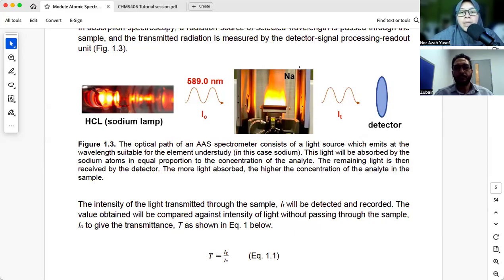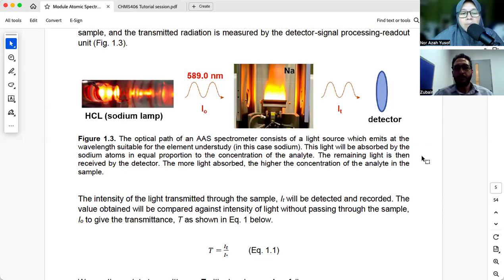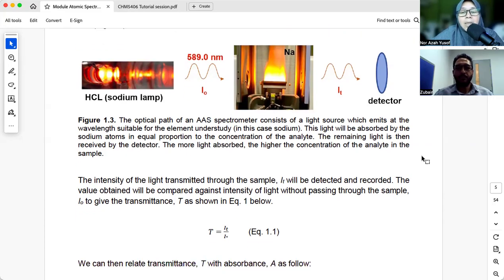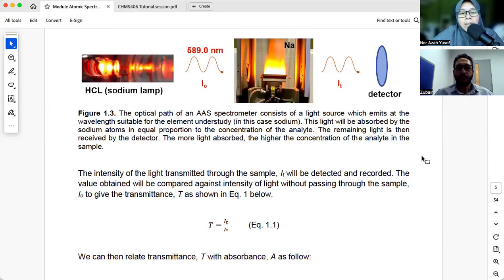If the sample does not contain sodium, then it will not absorb 589 nanometers. So if you have another element, lead maybe or potassium, then you cannot get the reading, because it will only absorb the specific wavelength of the energy provided. Okay, so this is how the detection happens.